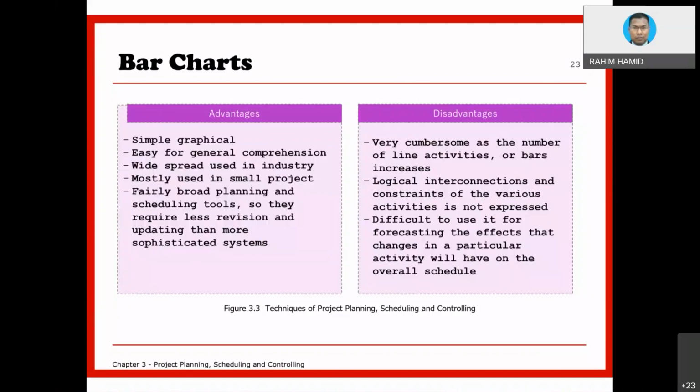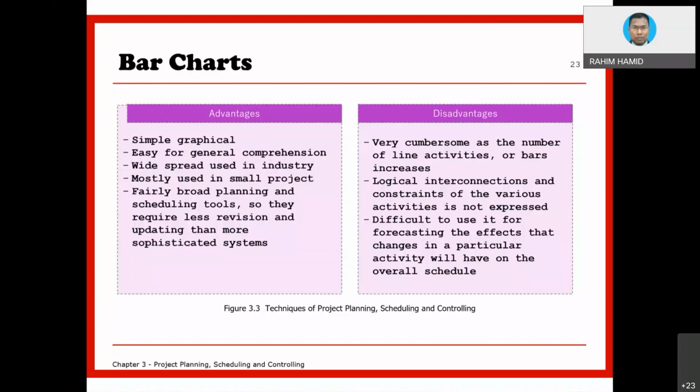But the disadvantage is that the link is not there between each activity, so you cannot really see the interconnection between activities, and it may be difficult to draw if you do not use software, and difficult in terms of updating later on.